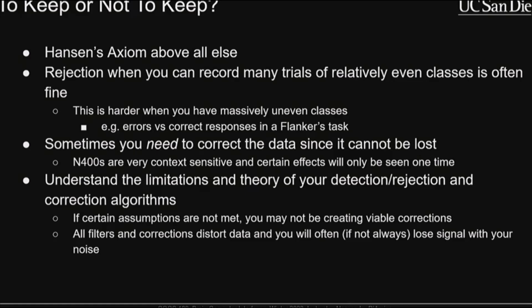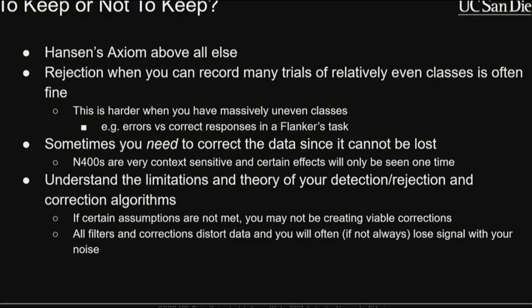And so in this case, your classes are totally evenly distributed, and if you have artifacts on any given trial, you can just drop trials and your classes are still going to be balanced, and you can even subsample the one that's slightly larger. So something like that's not too bad. And even an experiment like that, you could actually design it so that you have real-time artifact detection.